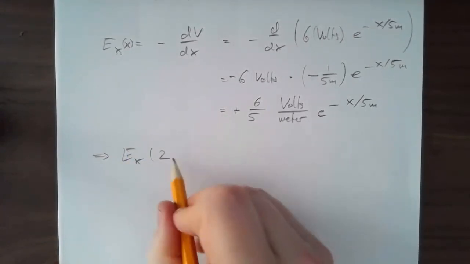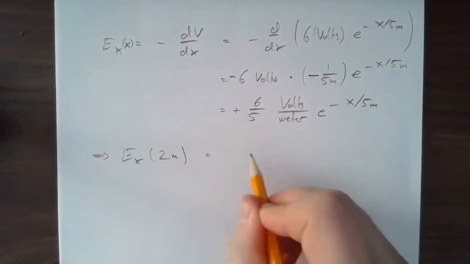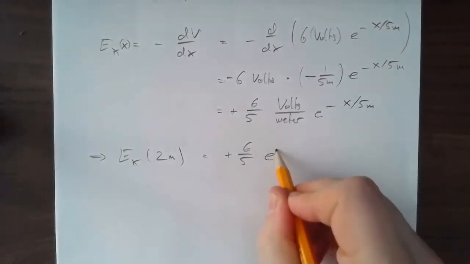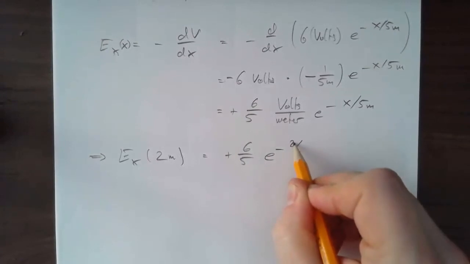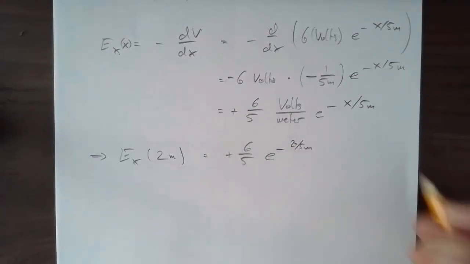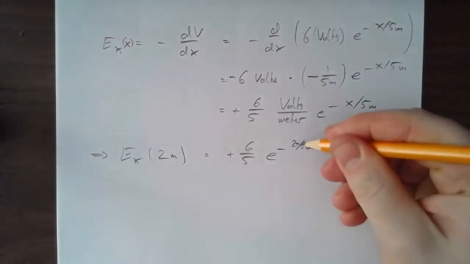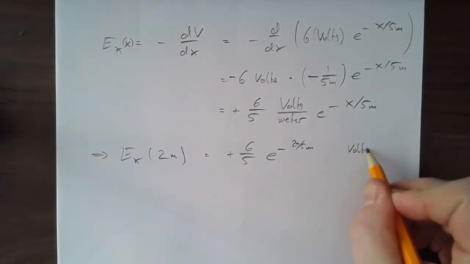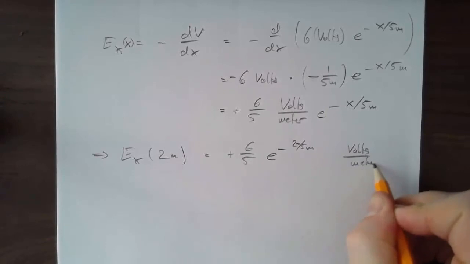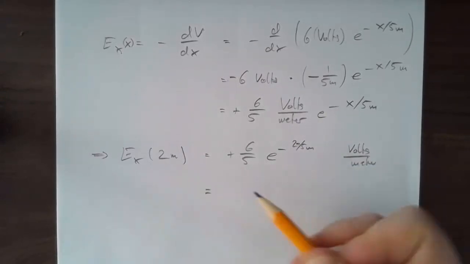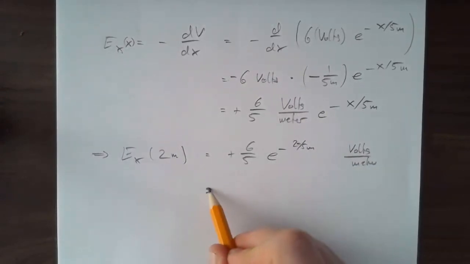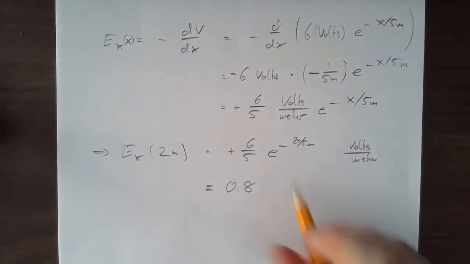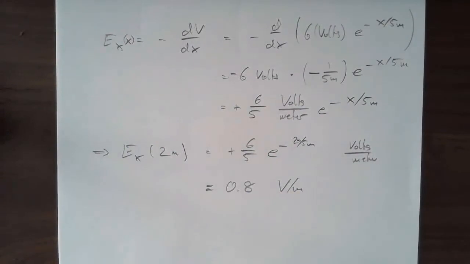And there's only the x component to worry about. It's going to be plus 6 over 5 times e to the minus 2 meters over 5 meters. Tiny little meters there. And the units is volts per meter. And if we evaluate that, unless I'm grossly mistaken, it comes to something like 0.8 volts per meter.